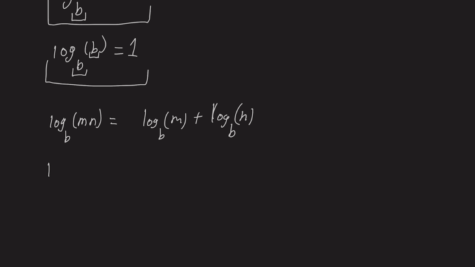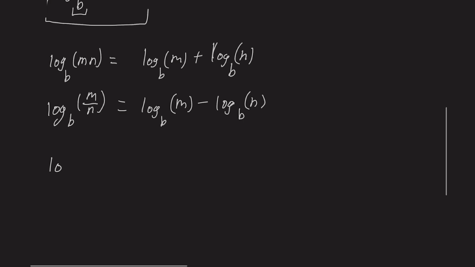Next one we have is if I have log base b of m divided by n, then that is going to equal log base b of m minus log base b of n. Another one is if I have log base b of m raised to the n power, then that is going to equal n multiplied by log base b of m.